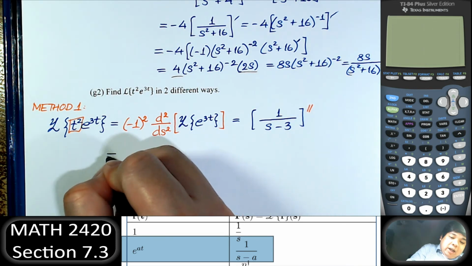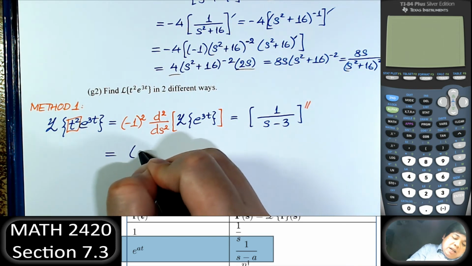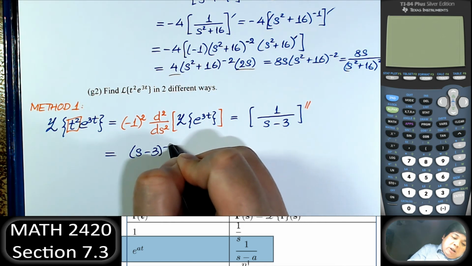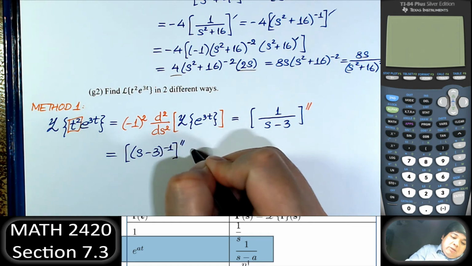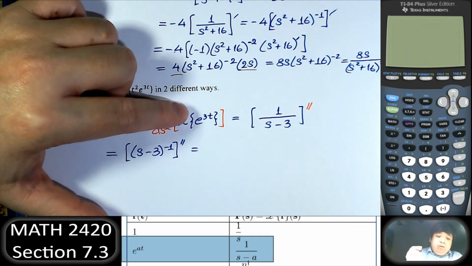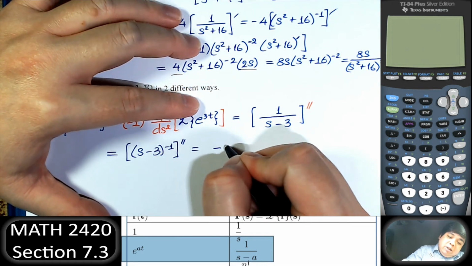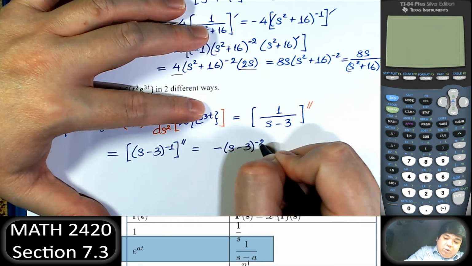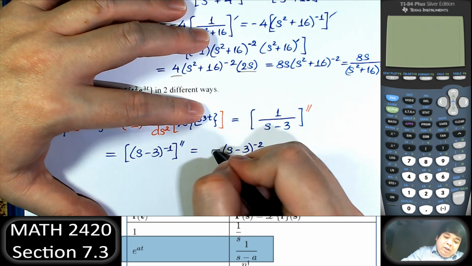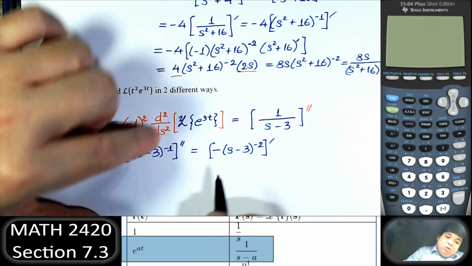I will rewrite this as s minus 3 to the negative 1, second derivative. Let's do one by one. First, I will take the derivative. It was negative s minus 3 to the negative 2 times 1. So that's the derivative one time.